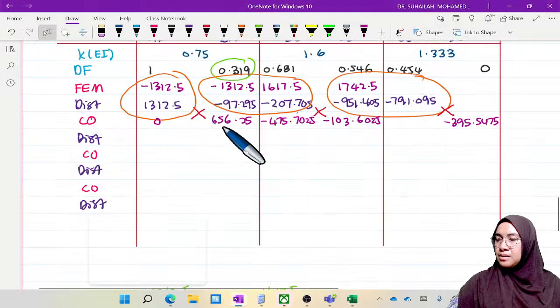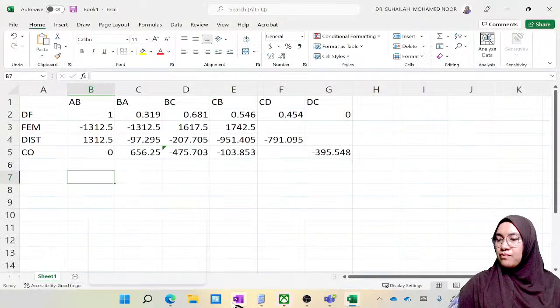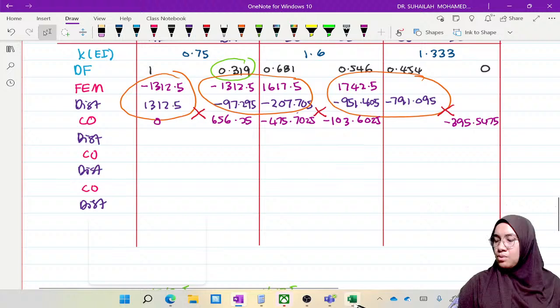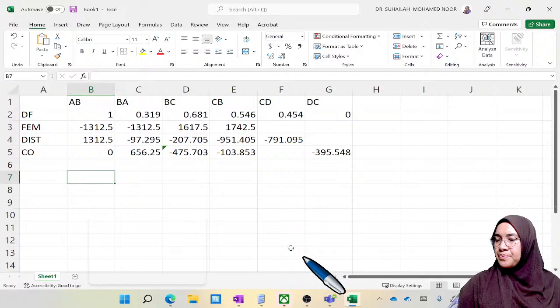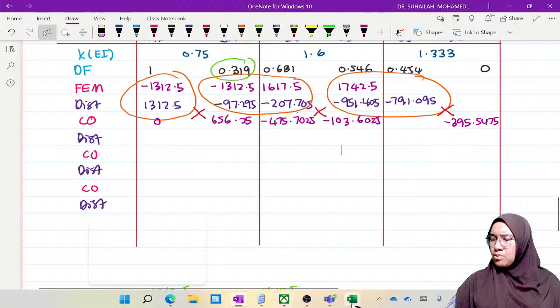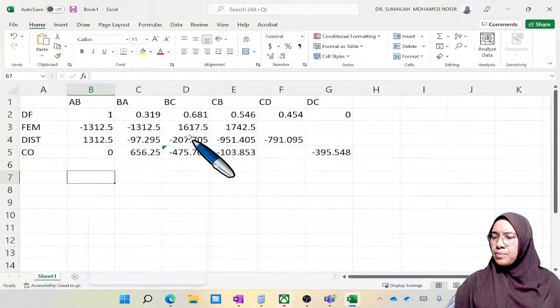Okay, 656.25, 656.25, and then 475.7025 actually. So I actually set up to 3 decimal points in Excel. Okay, and then 103.85. Then 207.705.